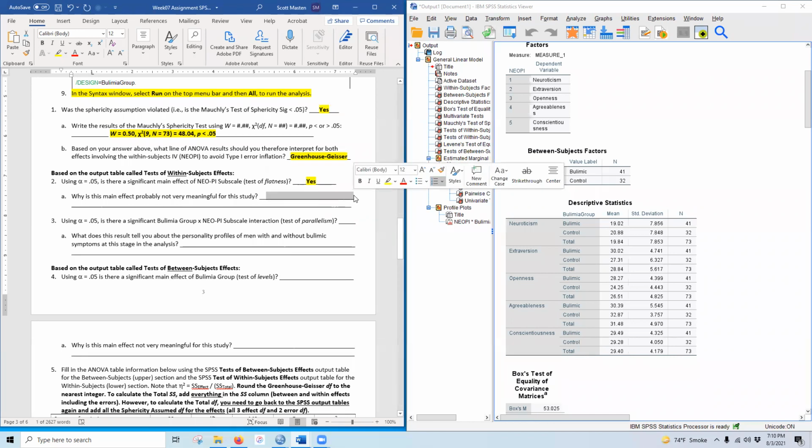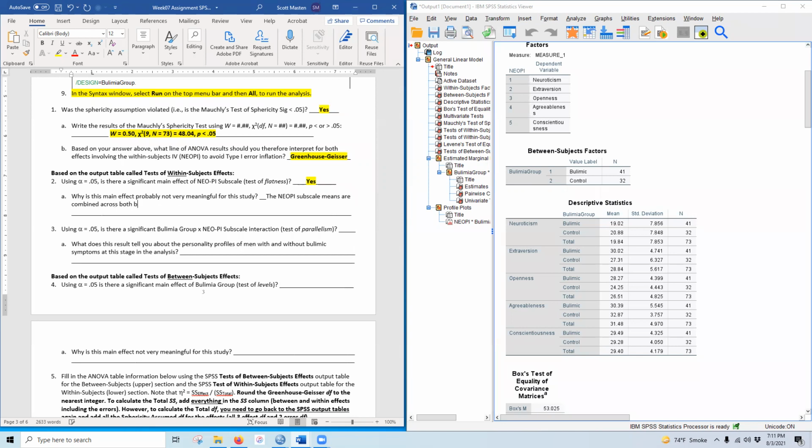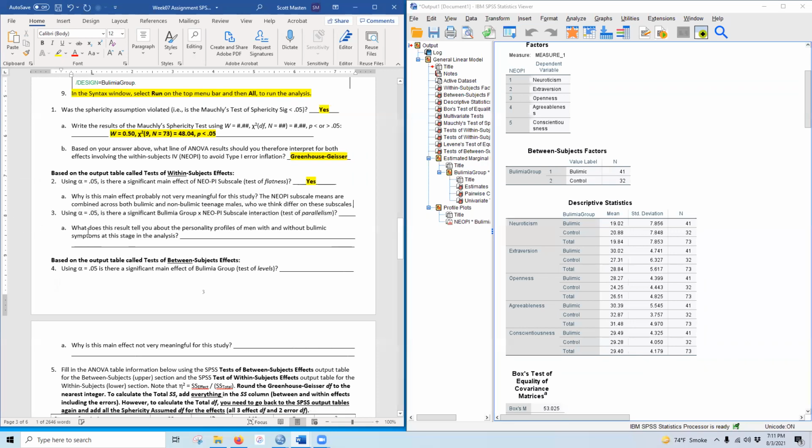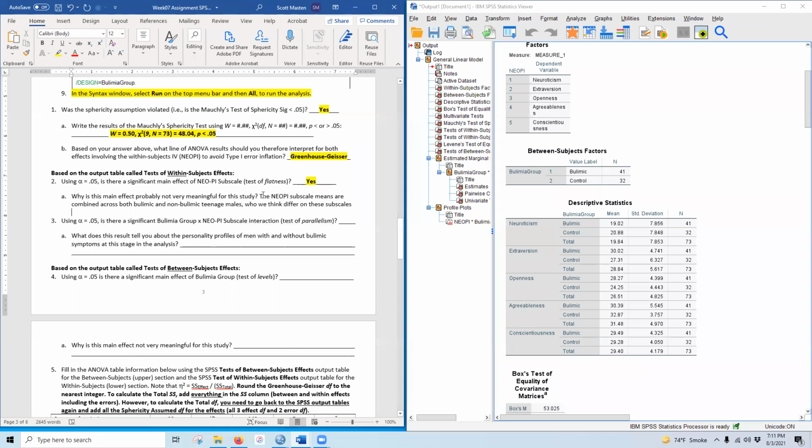The answer here is the NEO-PI subscale means are combined across both bulimic and non-bulimic teenage males who, or is it whom, I think it's who, we think differ on these subscales, something like that. Does that make sense to y'all? Maybe that would be awesome if it did. Like basically, why would we look at tests that combine them when the whole point of this study is we think they differ? So there we go.